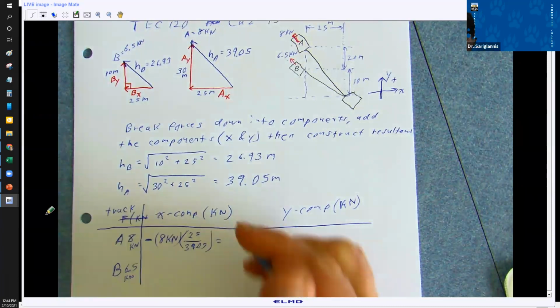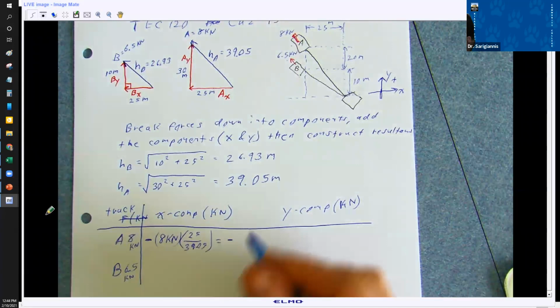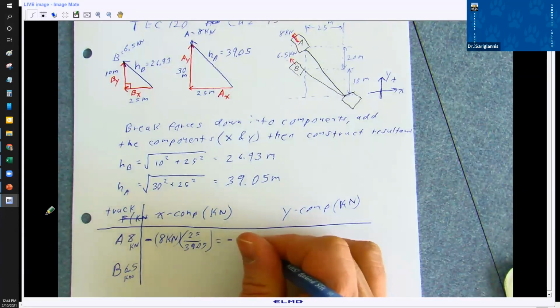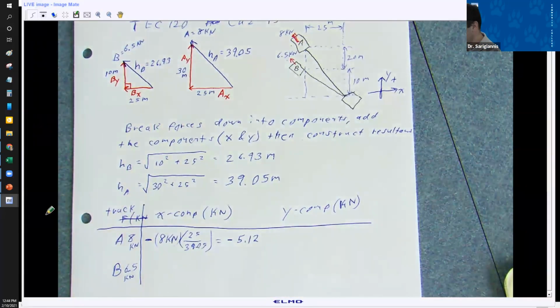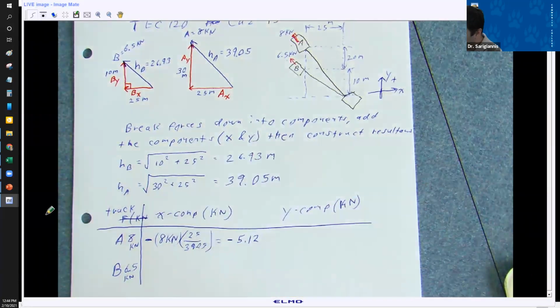That's my negative component. And this turns out to be negative 5.12. So this negative reminds us that the thing is pointing to the left.